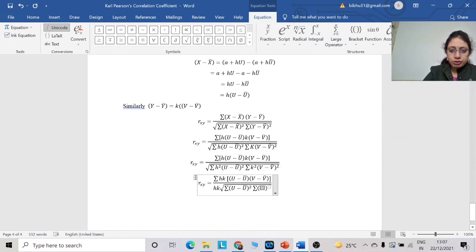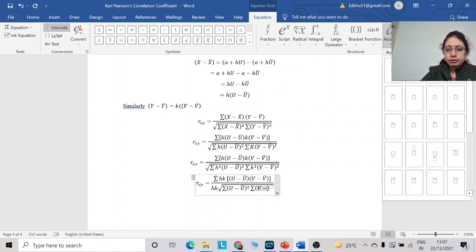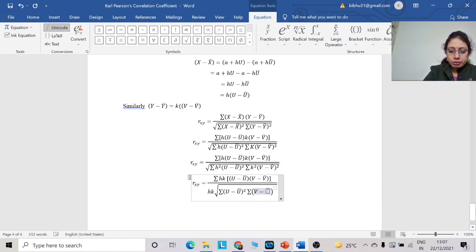Now summation of v minus v bar whole square. Okay, so v minus v bar whole square.